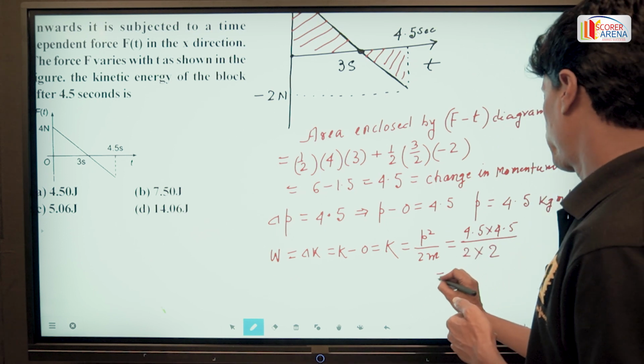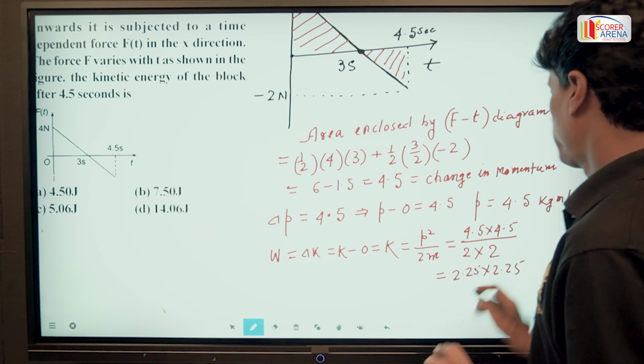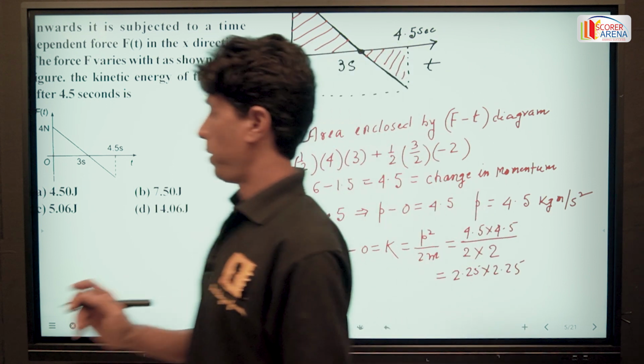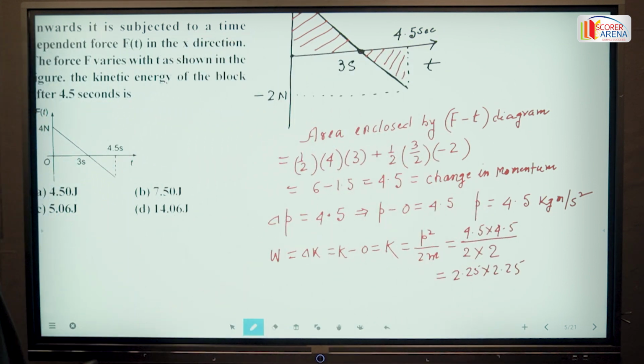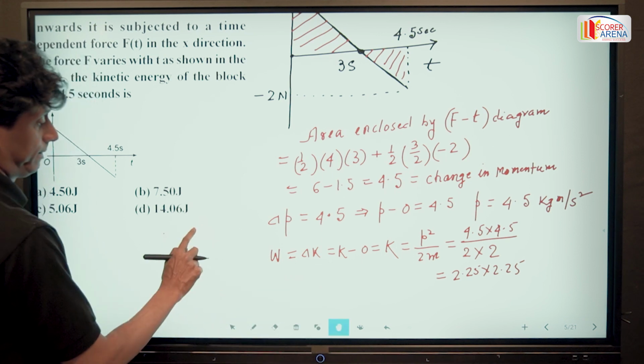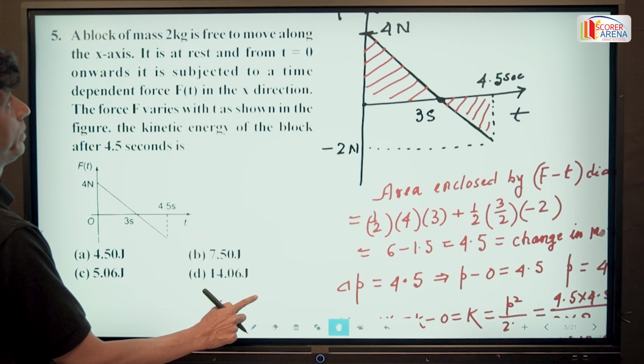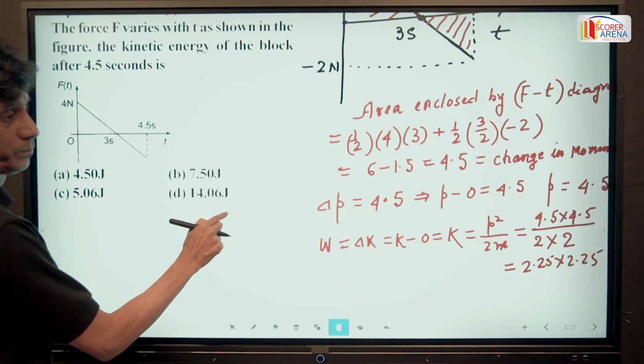So therefore 2.25 into 2.25 by the calculation, mass given is 2 kg. Okay.